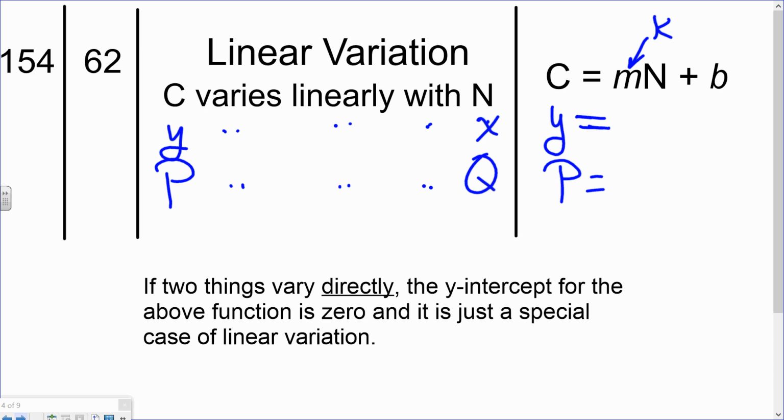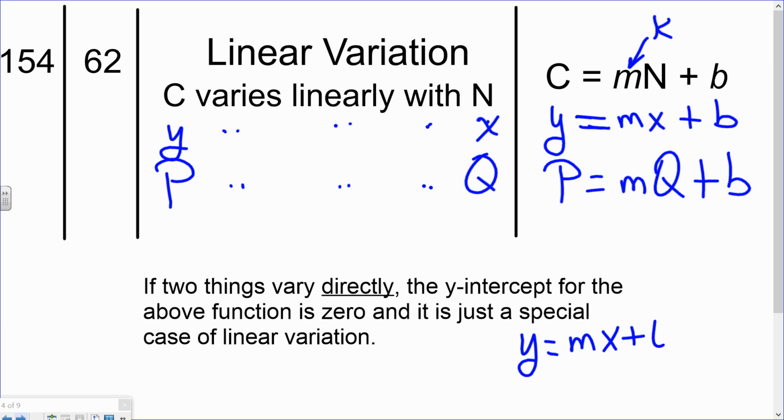It's just we're used to y equals mx plus b, so that's what we're going to use on this one. So if it were y varies linearly, it would be mx plus b. C varies with n, it's mn plus b. P varies linearly with q, it's mq plus b. Now, if I had y equals mx plus 0, that's y equals mx plus b, b's just 0.